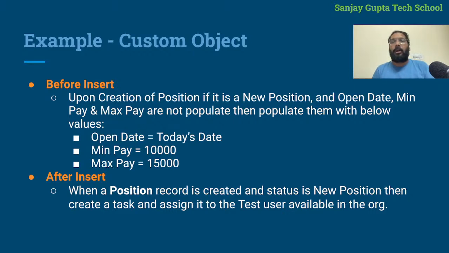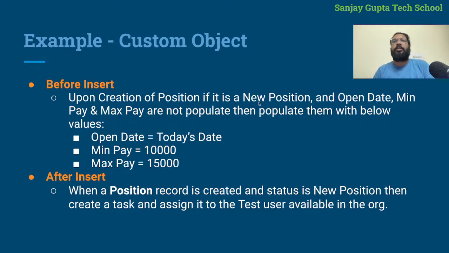It can be logged in user, it can be any user that is available in your org. So you need to pick that particular user so that you can assign that task to that user, right? So it should happen upon record creation, and status should be new position.